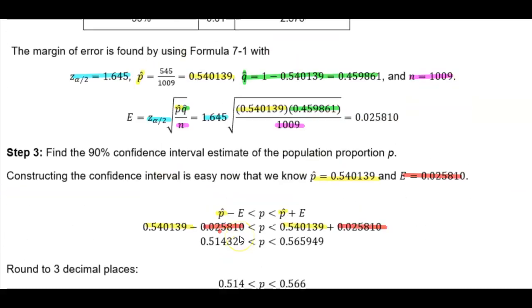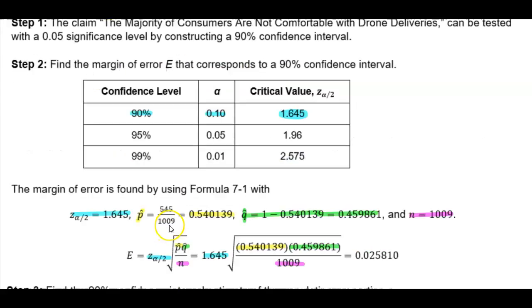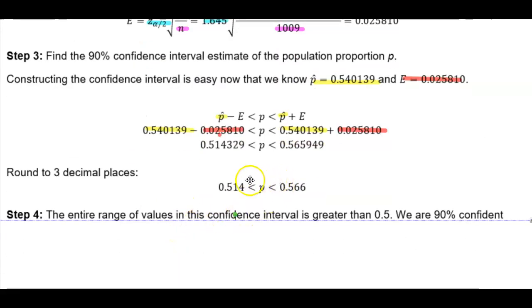If we come back and look at the claim, the claim tells us to interpret "most" as greater than 0.5. We want to make sure that this range of values, greater than 0.5, is reflected in the interval.